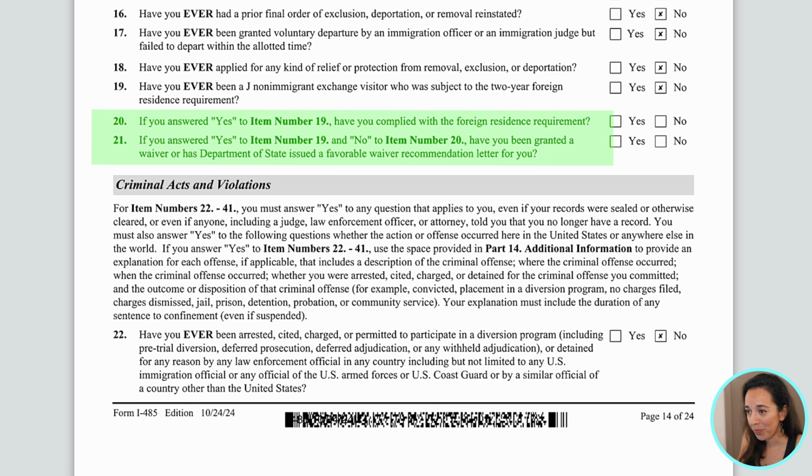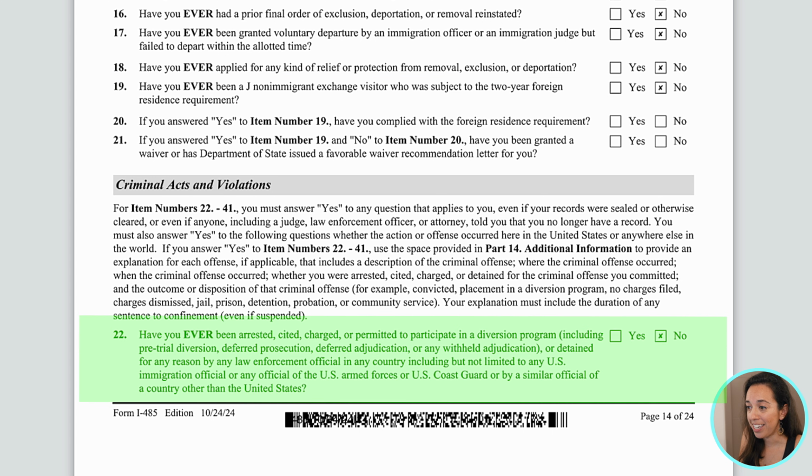Just be careful. For example, you're only answering questions 20 and 21 if you answered question 19. So I would just read these questions carefully. Again, question 22 is another security question on this page, so we selected no.